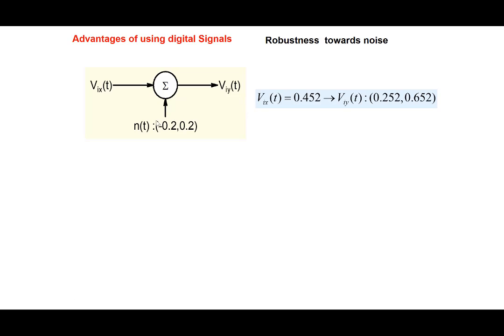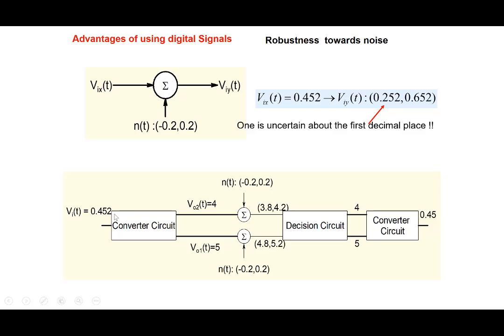We said that when we take an analog signal and convert it into a digital signal, there's a loss in accuracy, because if you're using 2 digits, maybe you're losing the information that lies in the third and fourth, the higher digits. But note that we just saw, if we took 0.452 as the analog signal and added noise, we'd get anywhere between 0.252 and 0.652. And when we take 0.452 and convert it into a 2-digit number, 45, then at the end of it, despite the presence of noise, we are able to get 0.45.